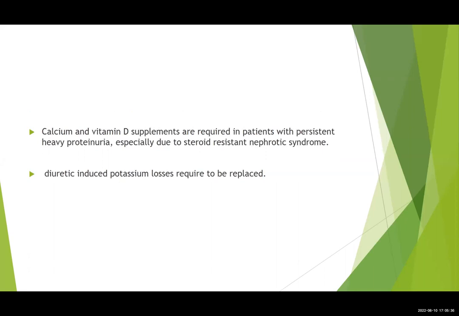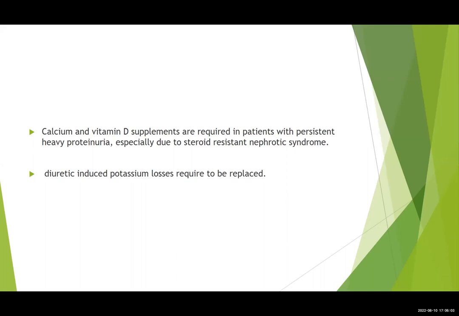Calcium and vitamin D supplements are required in patients with persistent heavy proteinuria, because vitamin D binding proteins and other proteins are lost in the urine. Thyroxine and other carrying proteins will also be lost in the urine, so this should be replaced.